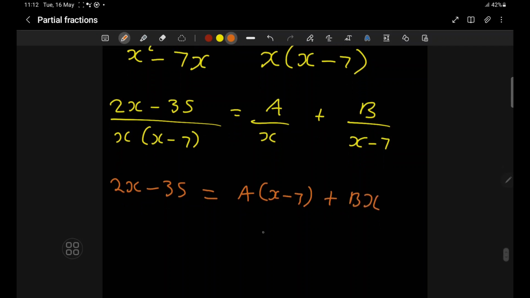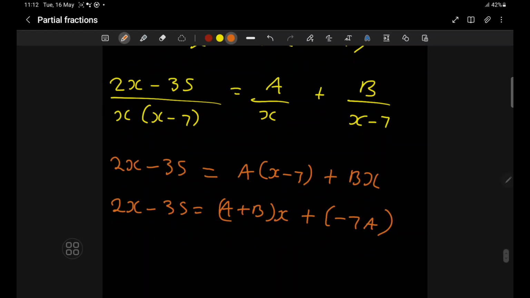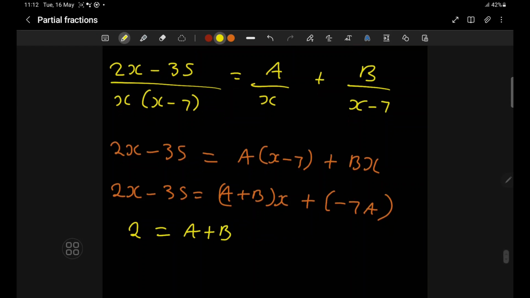If we expand the term and collect like terms, we'll have an expression of this format: A plus B times x plus negative 7A. Here we can equate the coefficients. The coefficient of x here is 2, so we have 2 is equal to A plus B. The constant here is negative 35, and the constant here is negative 7A.